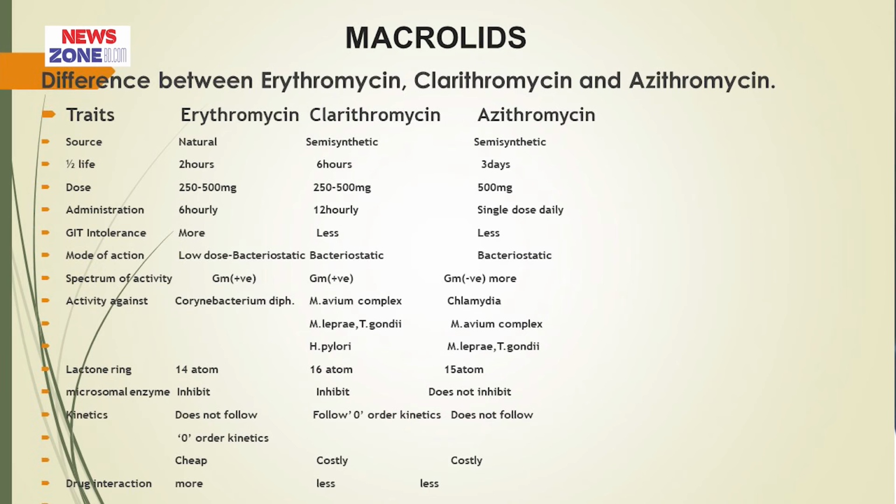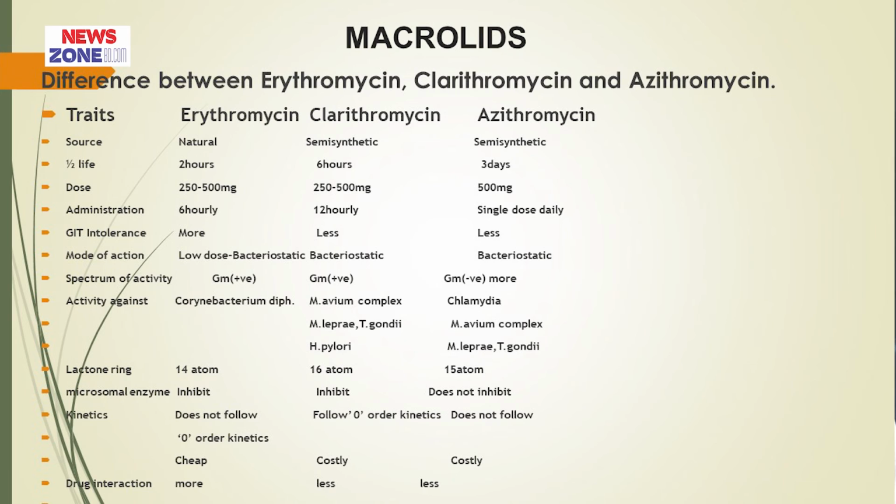Mode of action: low dose is bacteriostatic and high dose is bactericidal in case of erythromycin, and clarithromycin and azithromycin are bacteriostatic. Spectrum of activity is gram positive in case of erythromycin and clarithromycin, and azithromycin has more gram negative activity. Activity against Corynebacterium diphtheriae is more in case of erythromycin.